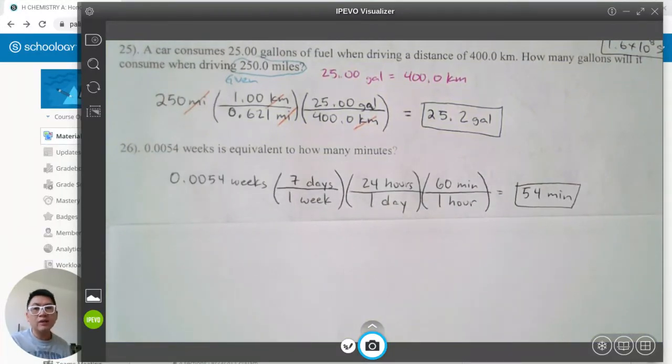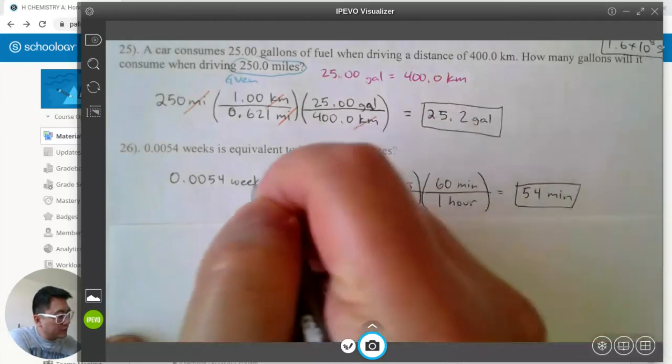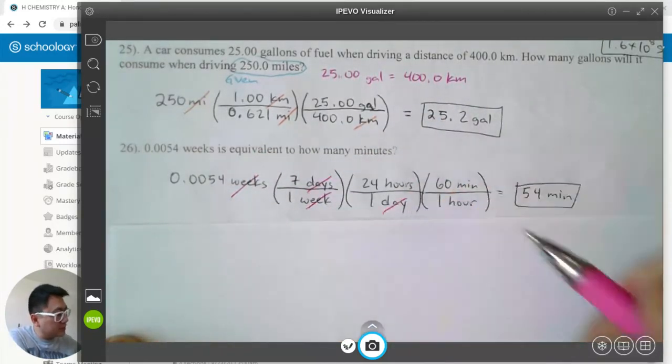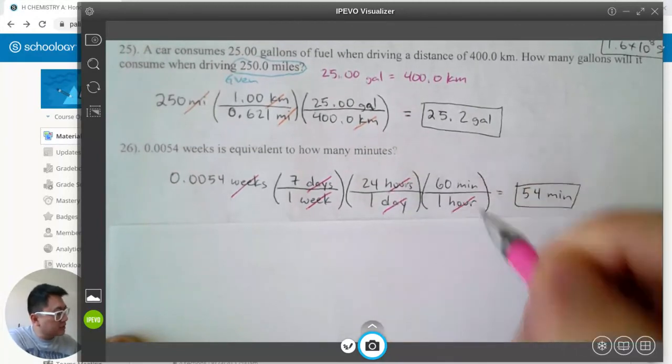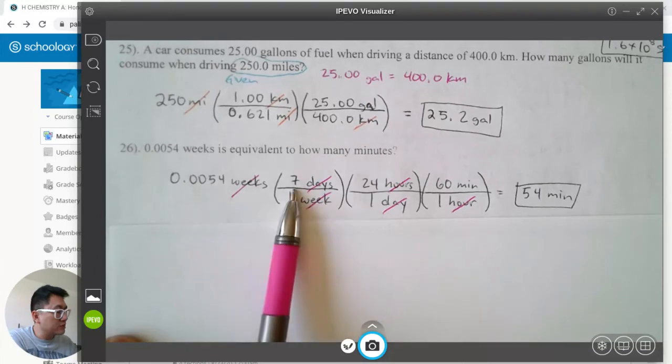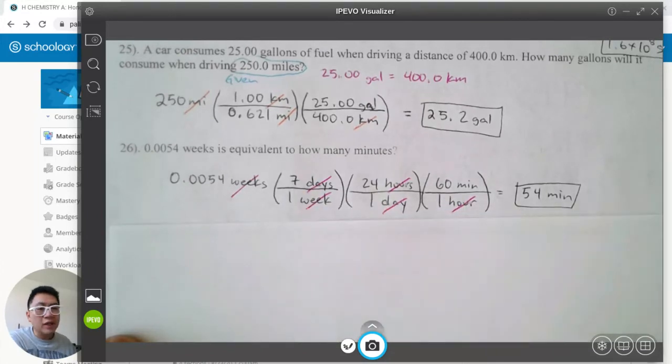I had 54 minutes. So weeks, first thing I did. A week is 7 days. Week and week cancel. A day is 24 hours. Days and days cancel. An hour, 60 minutes. Hours and hours cancel. So it'd be 0.0054 times 7 times 24 times 60. And on my calculator, I got 54.